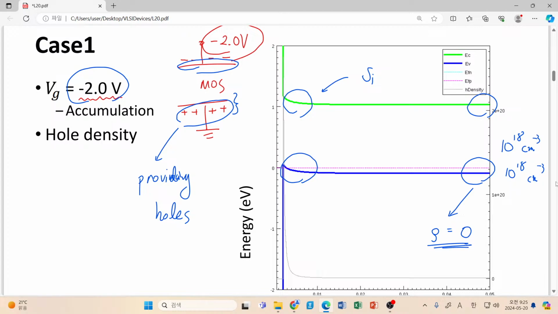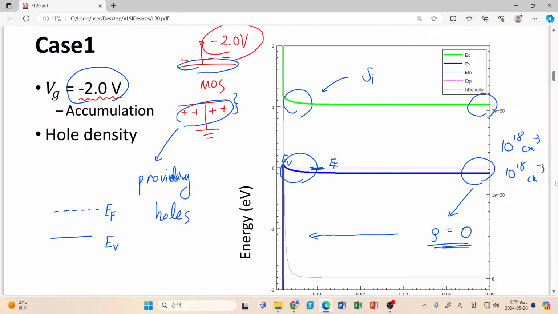However, if we go to this part and change our observation point, then you can see that now our Fermi level is even below our valence band maximum. Usually what we consider is that here we have the valence band maximum, and there is our Fermi level.